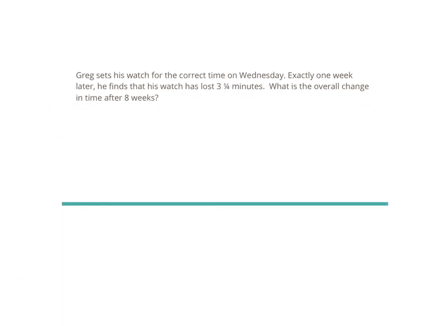This is one that actually came from your independent practice. It's on that page. You're not obviously going to do it here, but it's one on there. So Greg sets his watch for the correct time on Wednesday. Exactly 1 week later, he finds out that his watch has lost 3 1/4 minutes.